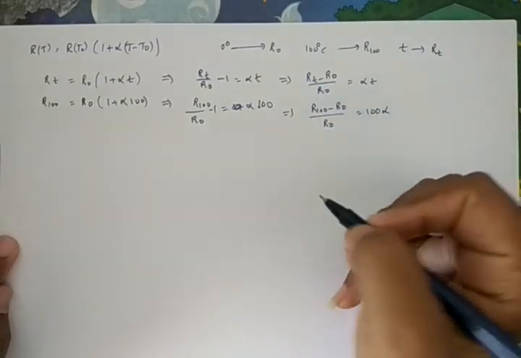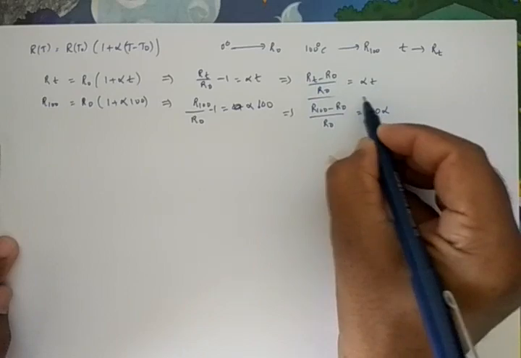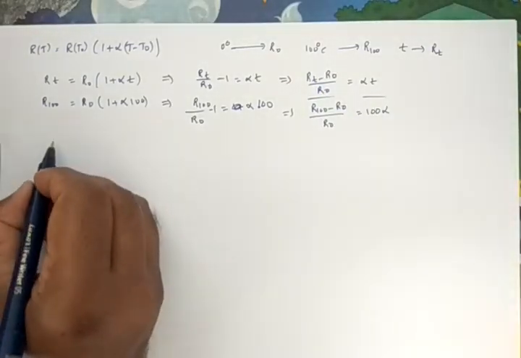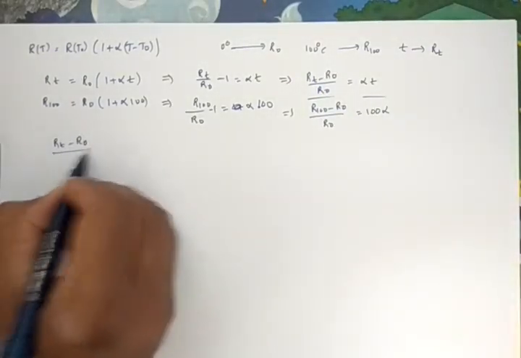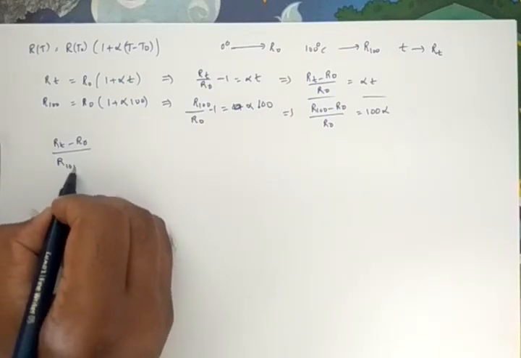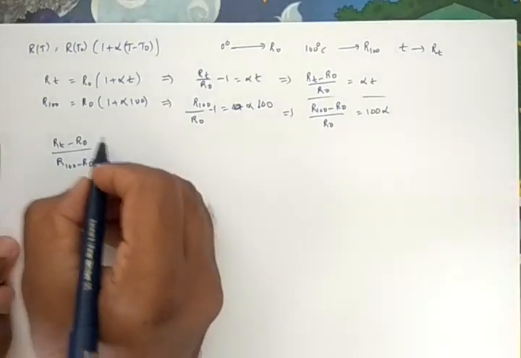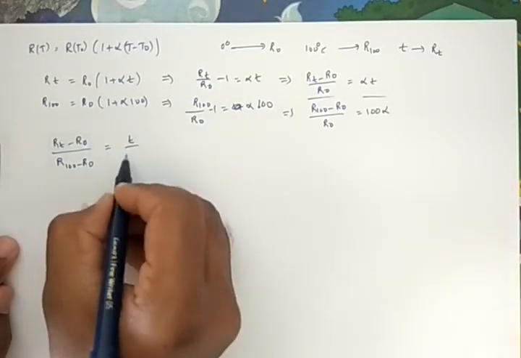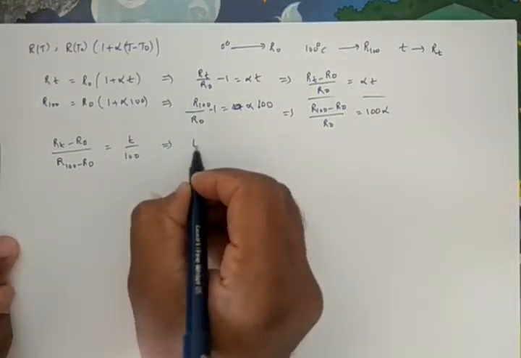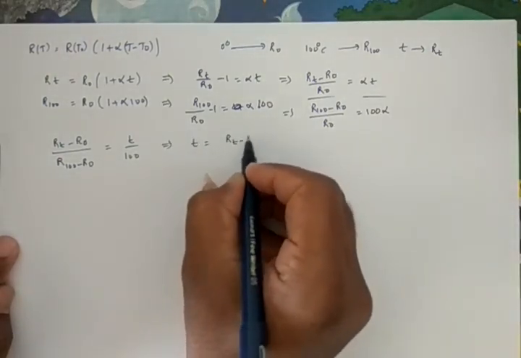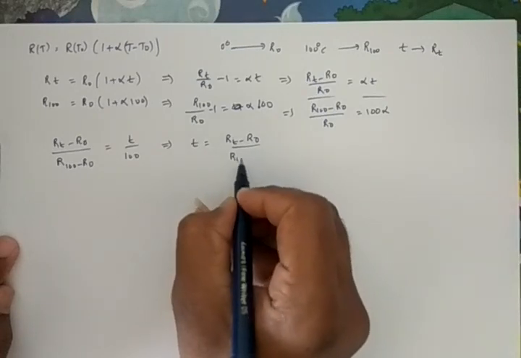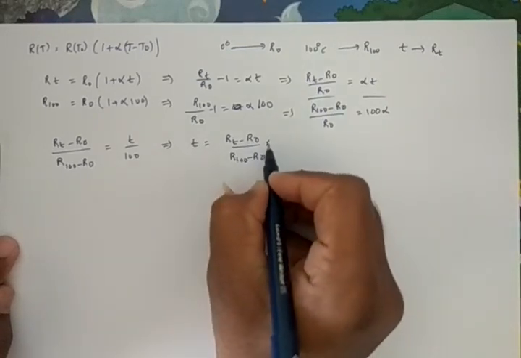When you divide these two, that gives (RT minus R0) by (R100 minus R0) equals T by 100. So that implies T equals (RT minus R0) by (R100 minus R0) into 100.